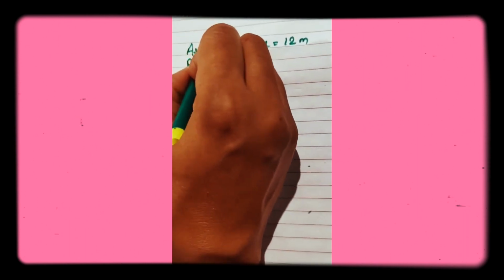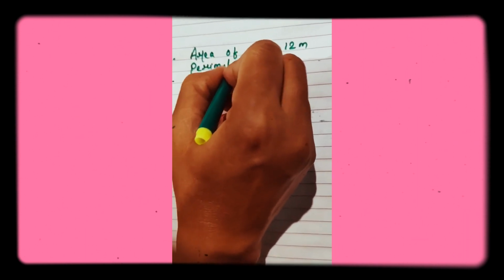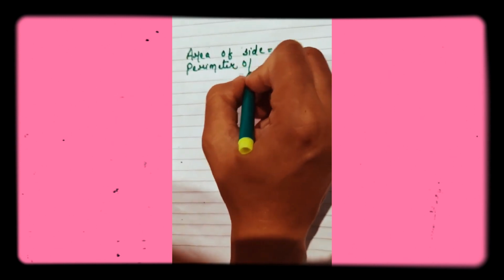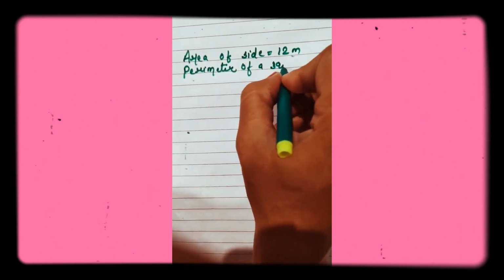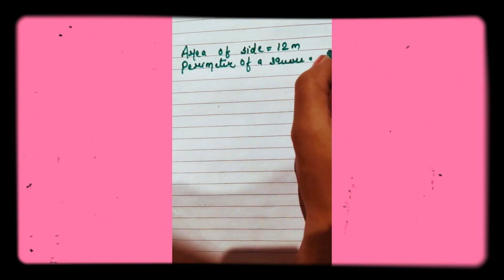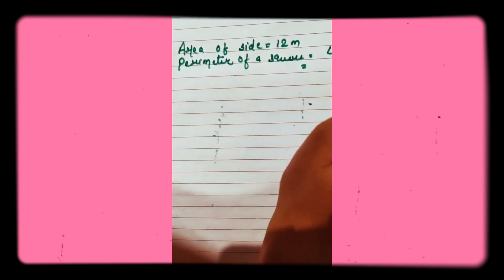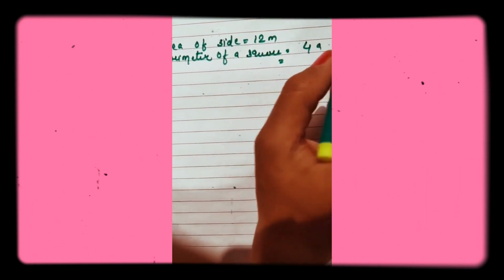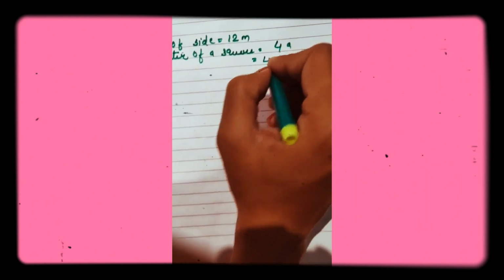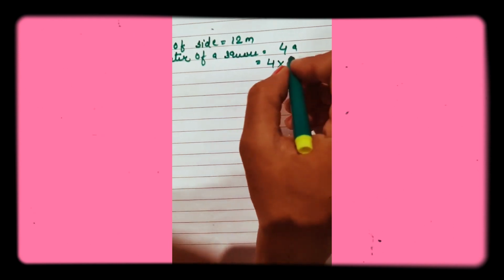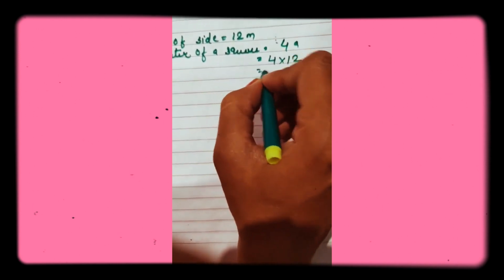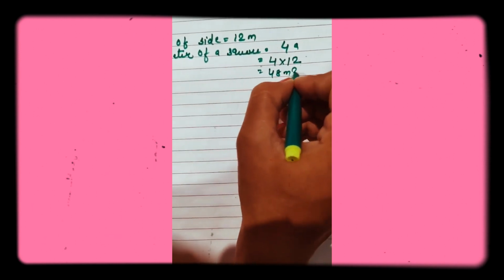Perimeter of a square. For A, you know, for perimeter of square, how many sides are given? 4 sides. A means side. So 4, and what side is given? 12 meter. 4 multiplied with 12, 48 meter square.